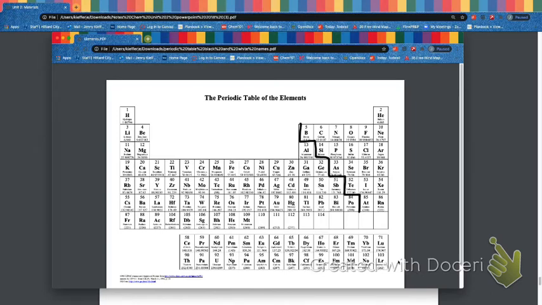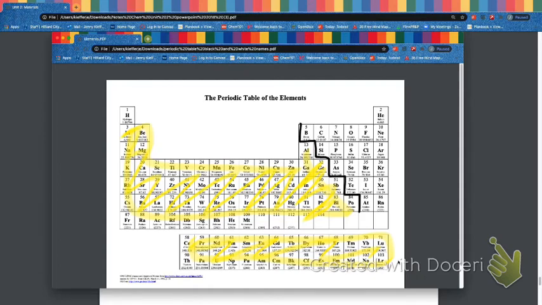Okay, so when we say that metals are on the left side of the periodic table, what we're saying is all of these, with the exception of hydrogen, all of that underneath, okay, that's the left side of the periodic table. Those are the metals.